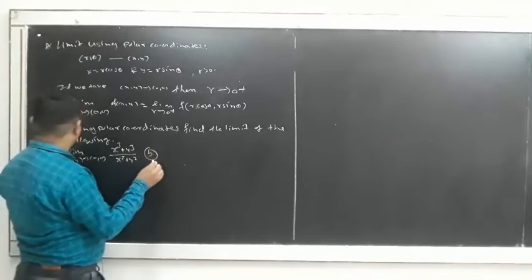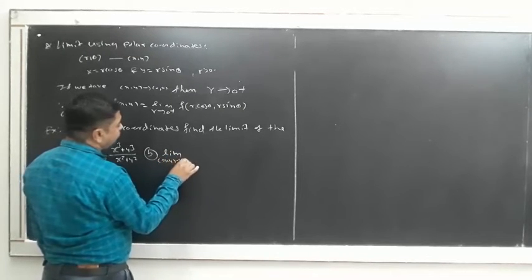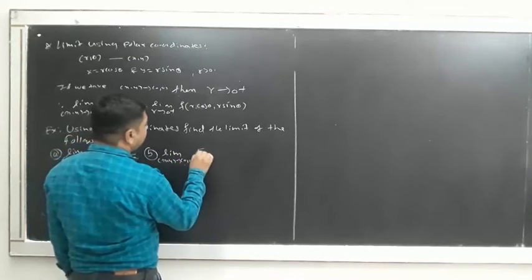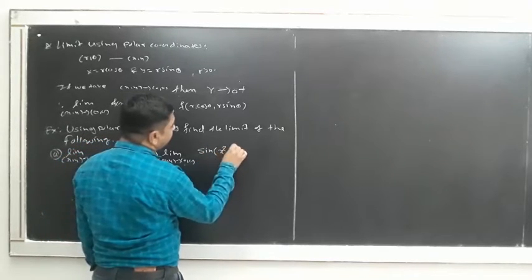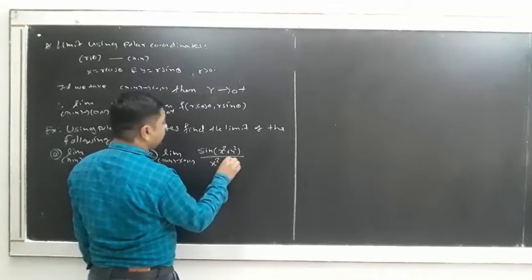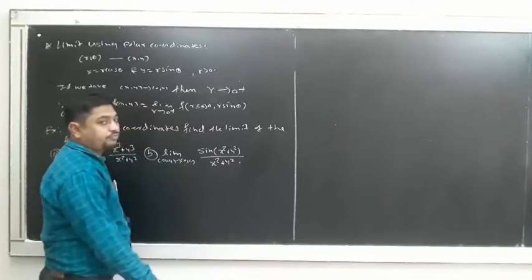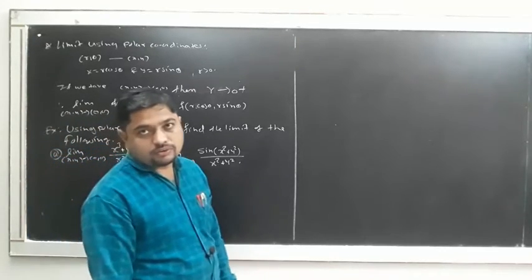Second example: limit as (x, y) tends to (0, 0) of sin(x square plus y square) upon (x square plus y square). Okay. So we can solve the two examples.